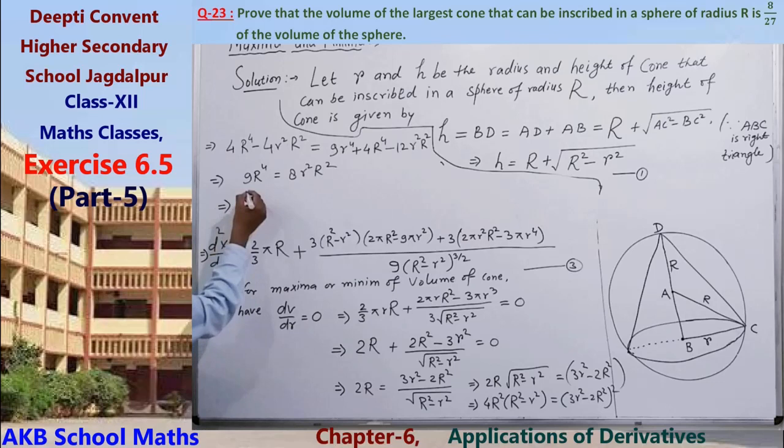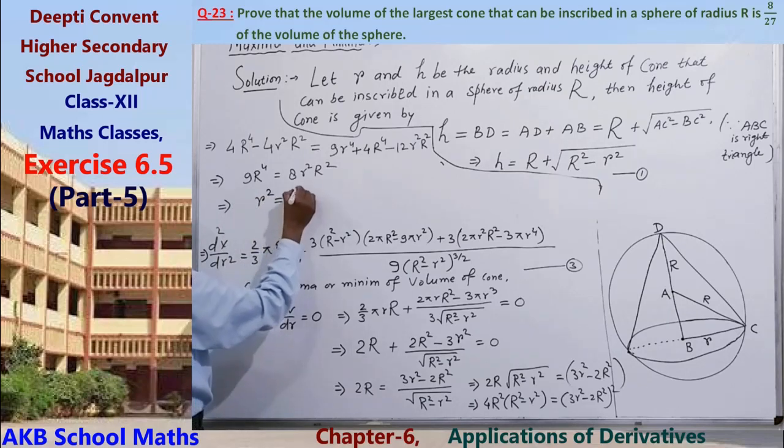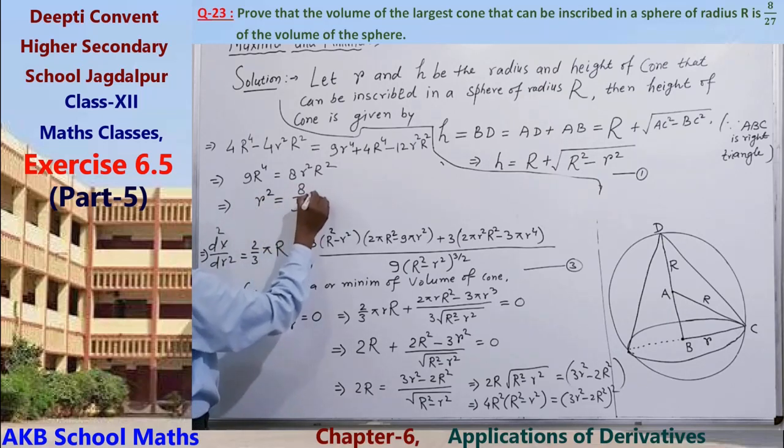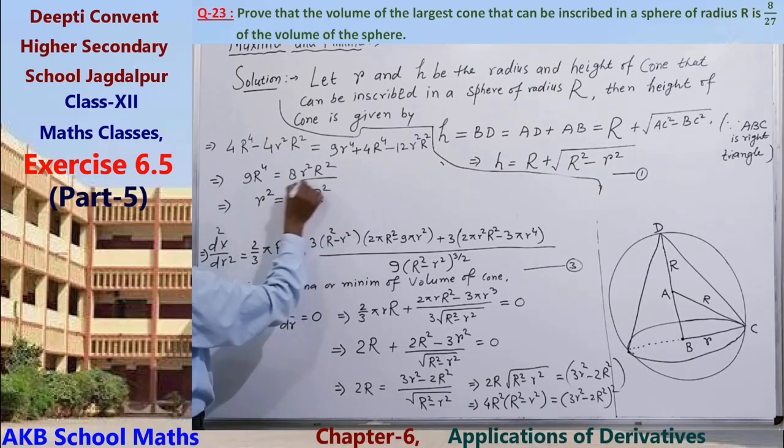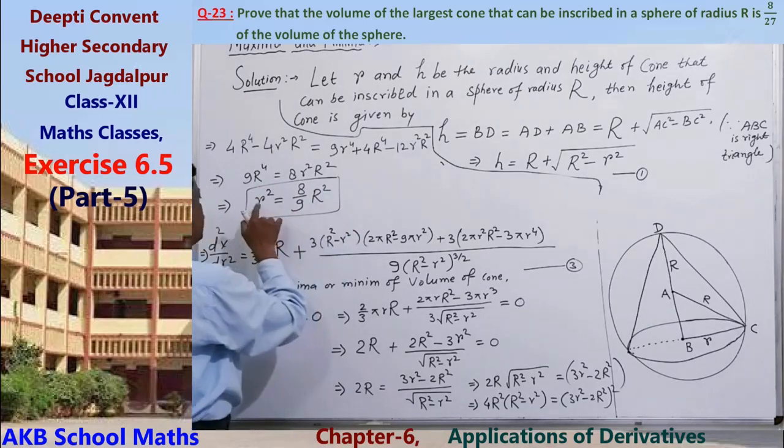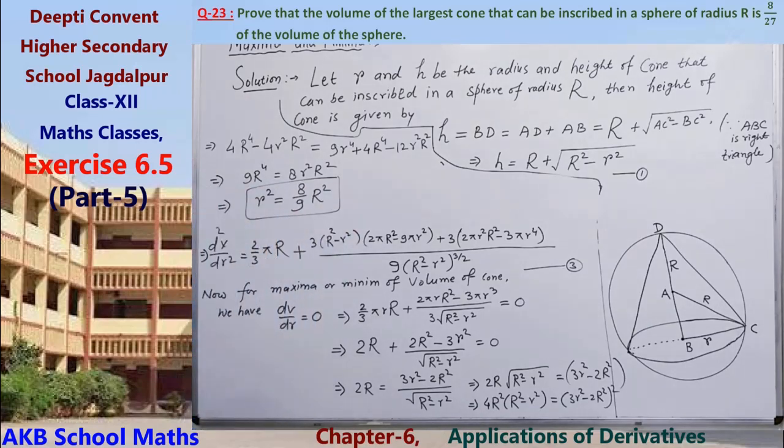So solving it, we can get r² equals 8 by 9 R². This is the value of r². Okay, r² equals 8 by 9 R².